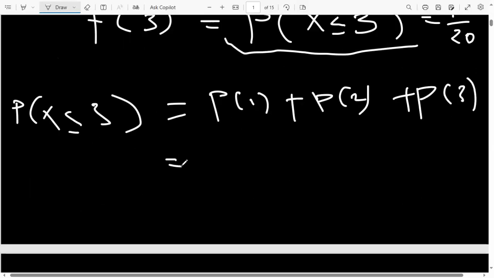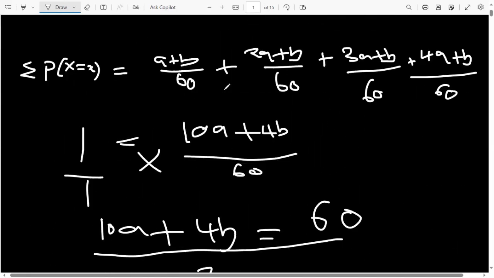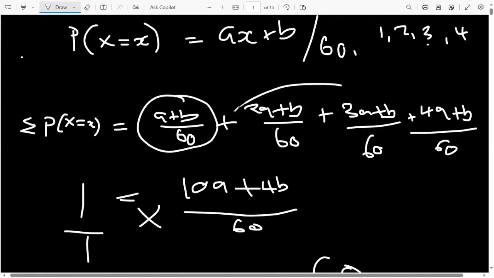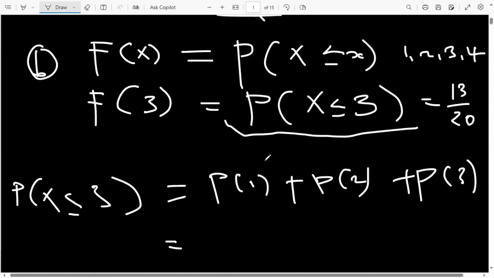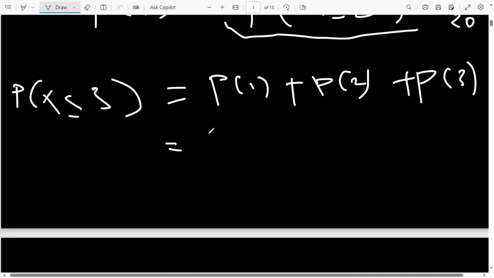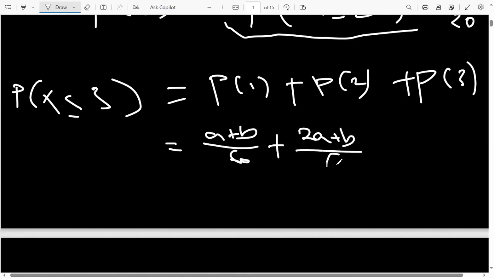And we know that these were, what did we find there? We found this when we replaced 1 here, this for 2, and this for 3. So we are going to get these 3 and add them. So I have a plus b over 60 when I replace with 1, plus 2a plus b over 60, and then plus 3a plus b over 60.